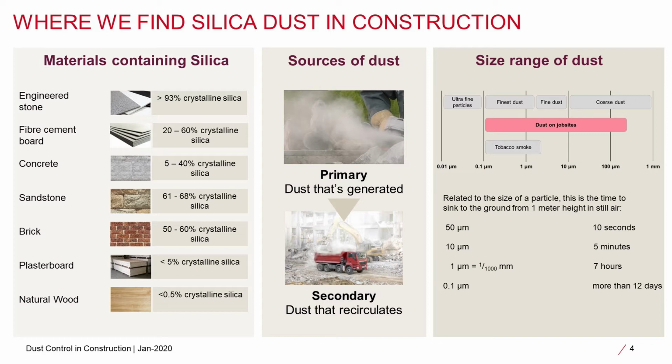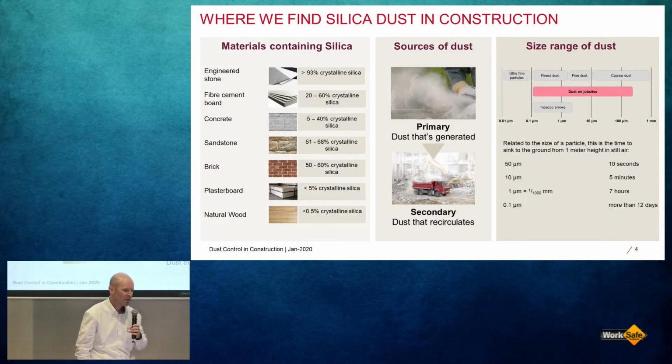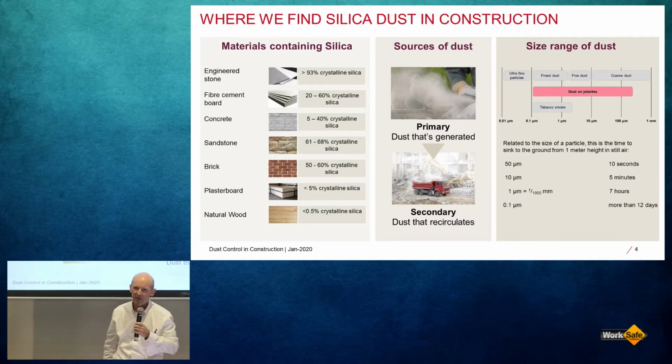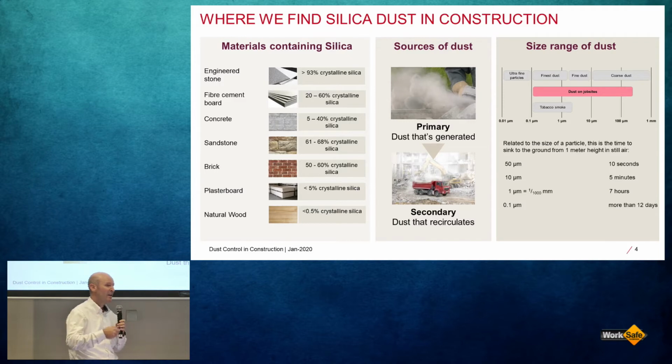Now, another thing we need to be pretty careful of is that we've got really two forms of exposure to silica dust, whether it's in a fabrication shop or on site. One where it's generated, when you initially cut it, grind it, or break it, you get big clouds of dust, and then that dust eventually settles. And then it can be redisturbed, and that's secondary dust.